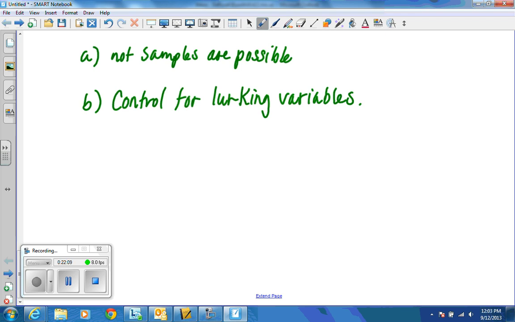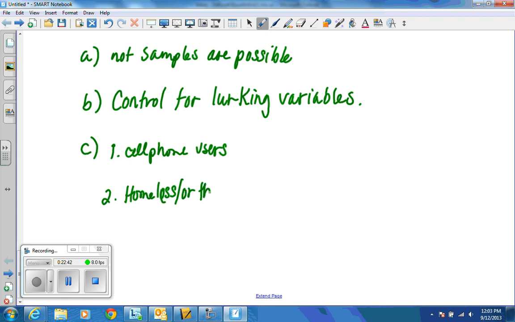And part C, explain how undercoverage could lead to bias to the sample survey. So I see a couple things for undercoverage. So the first one is cell phone users. And the second one is for the homeless, or those without phones at all.